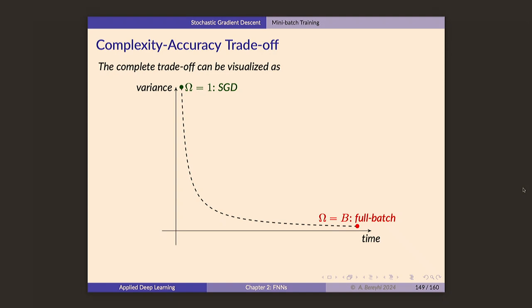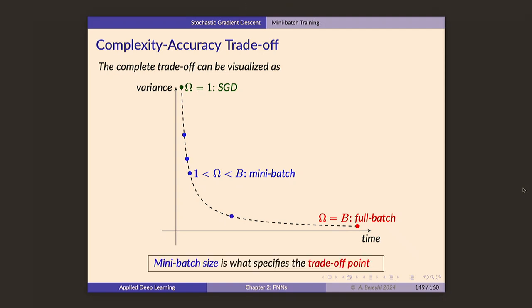And the key point about mini batch is that it lets you move between these two points, right? If you want less time, you can increase the variance by reducing the mini batch size. And you can, of course, go to higher complexity and reduce the variance. So it depends on your design.